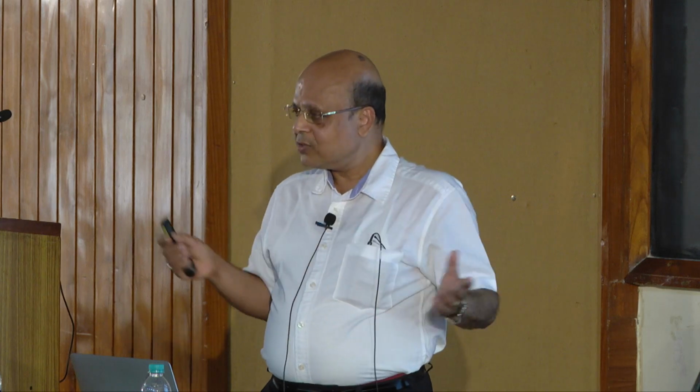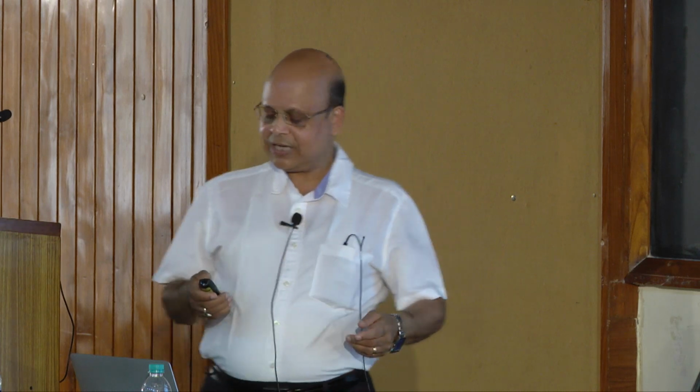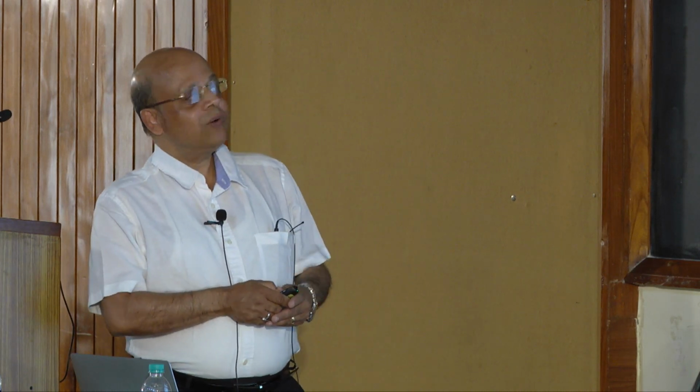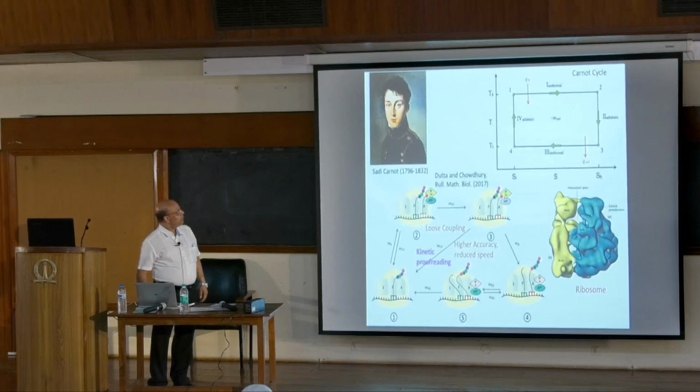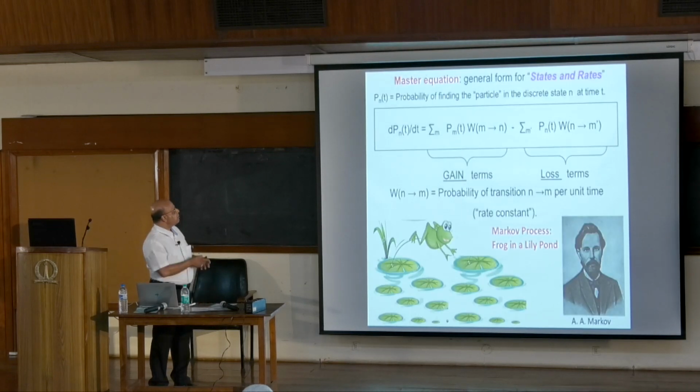Now it's not only words, we also have to apply some theoretical techniques, and we apply network theory. That theory was popularized by Terrell Hill in this book, as well as by Schnakenberg in this classic paper. So again, in words, what do we do? As I told you, we have these probabilities, and we have to calculate them from these equations.